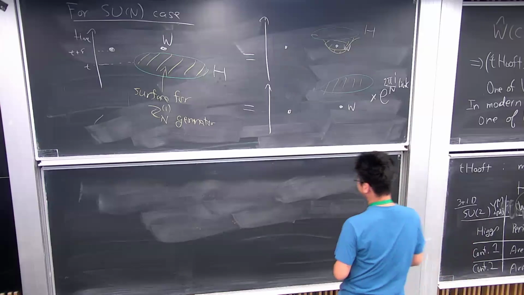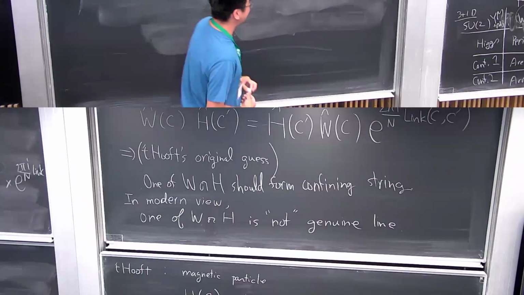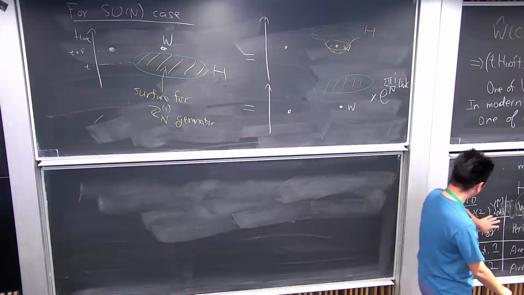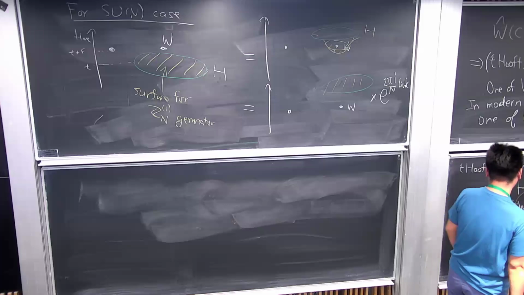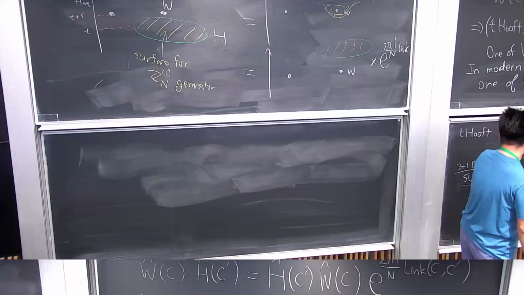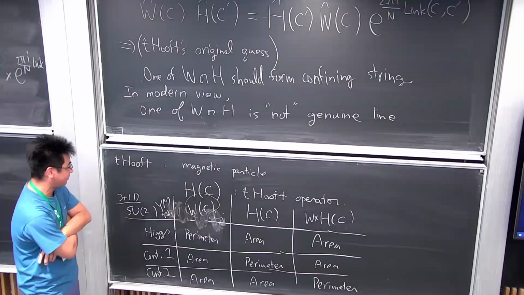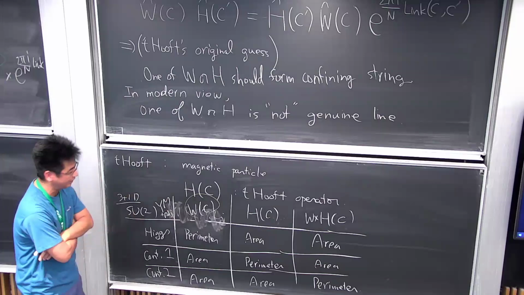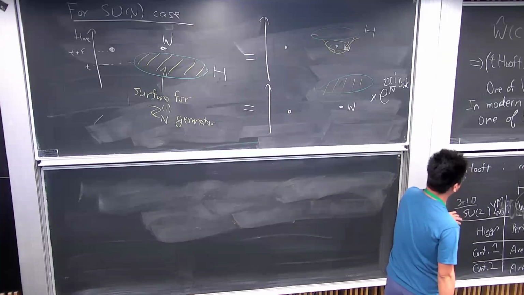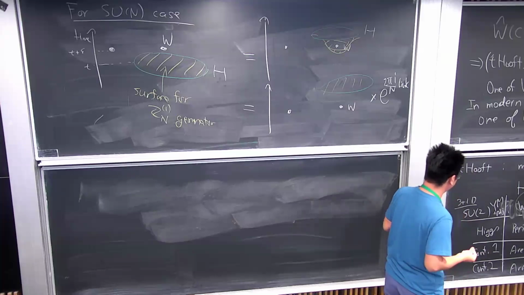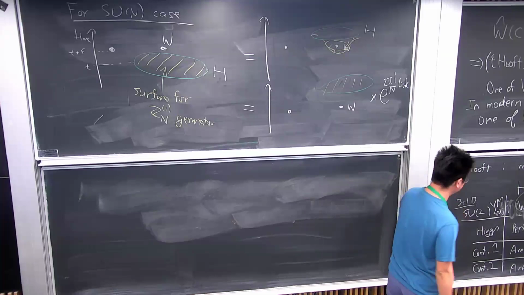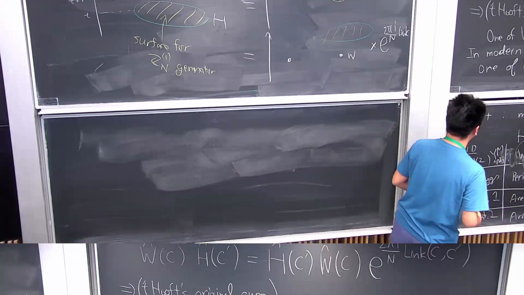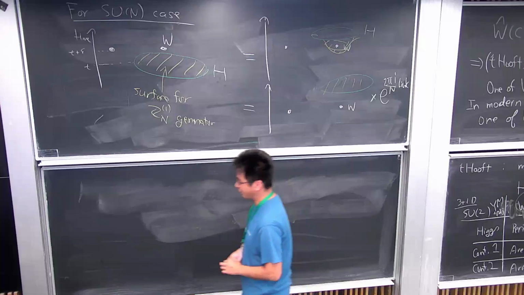But Mendel asked me last year that since this Wilson-'t Hooft classification seems to be reasonable as a dynamical consequence, is it really wrong or is it actually correct, and do we have some way to save this idea of Wilson-'t Hooft classification from the modern viewpoint of one-form symmetry?